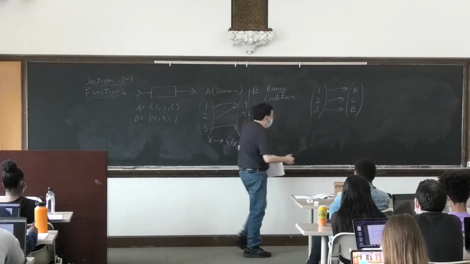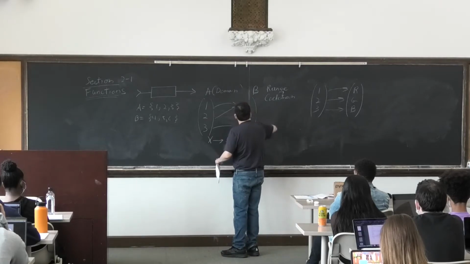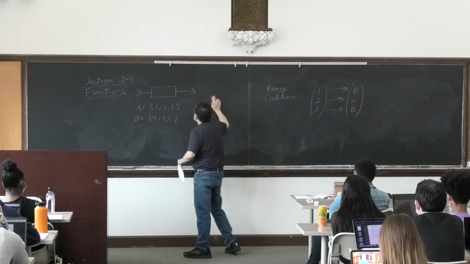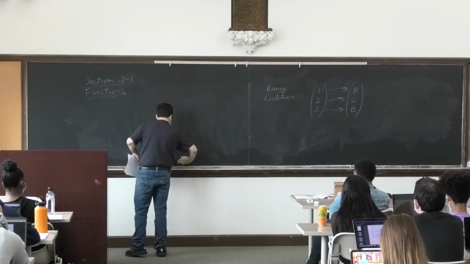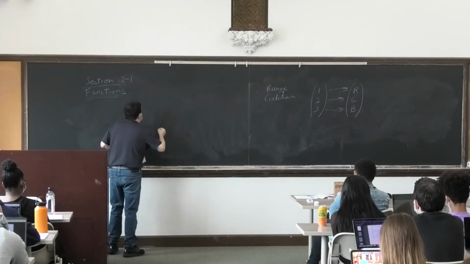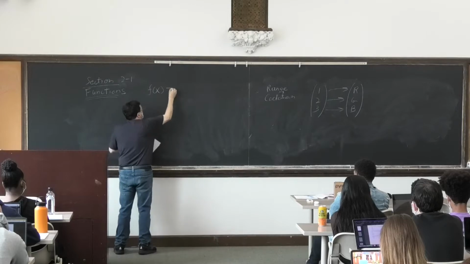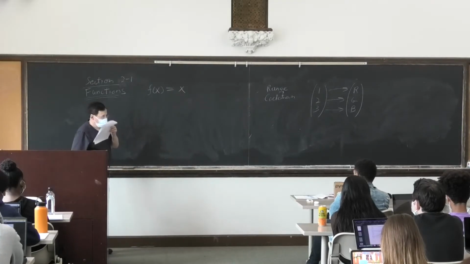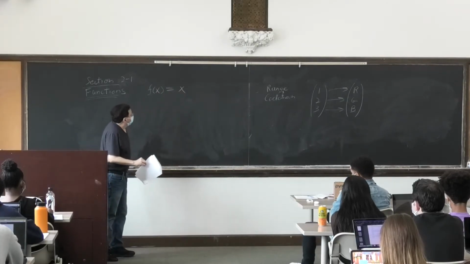There's one very important function that comes up a lot. I'm not going to tell you the domain, but if f of x equals x, that just maps whatever we start with to itself.